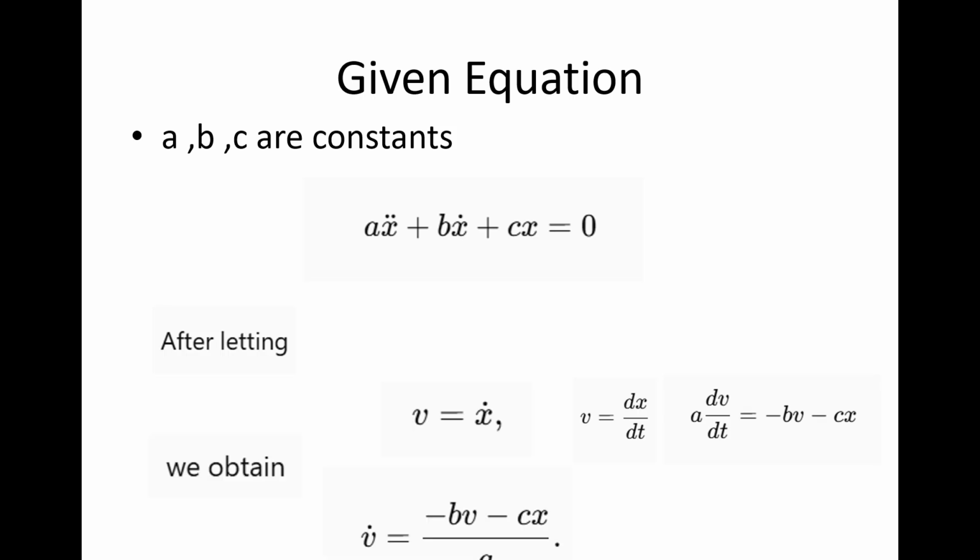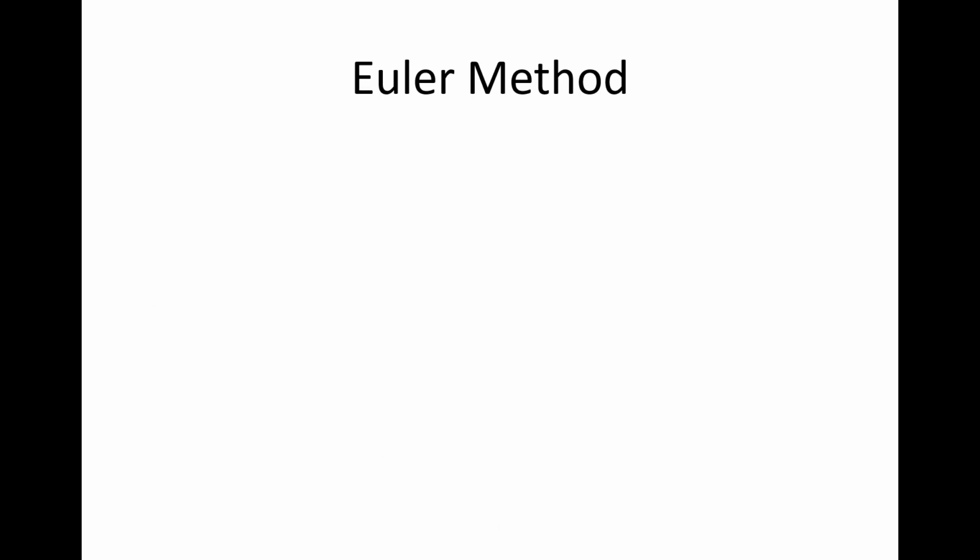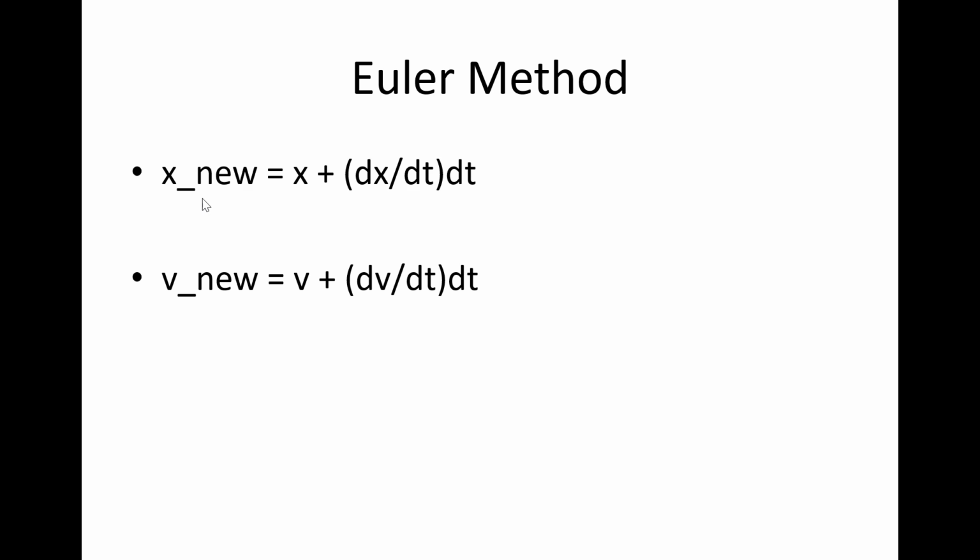So this is how we will be doing it. These two equations we will be writing in the Euler integration form. So when we write it, x new is equal to x plus x dot into dt, which is nothing but dx by dt. Similarly for v we will be doing like this, and these are the two equations which we were doing.